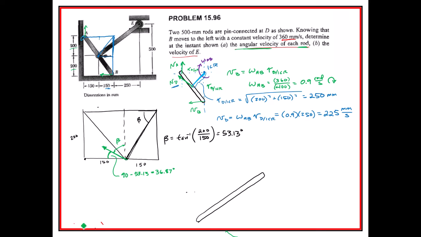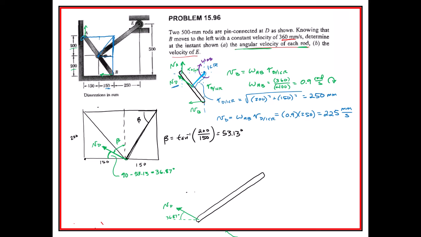The velocity I want to apply to this is like right here. Noting that this right here is our 36.87 degrees right there. So that's the velocity of D.